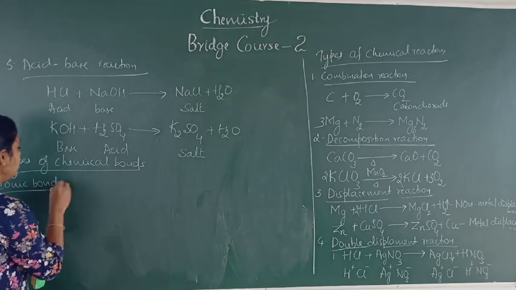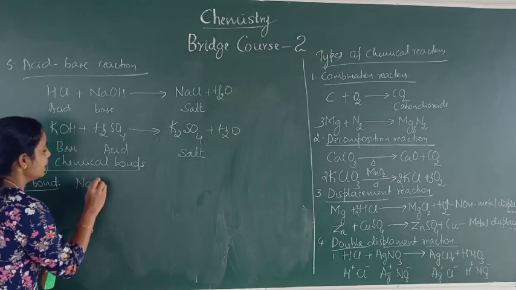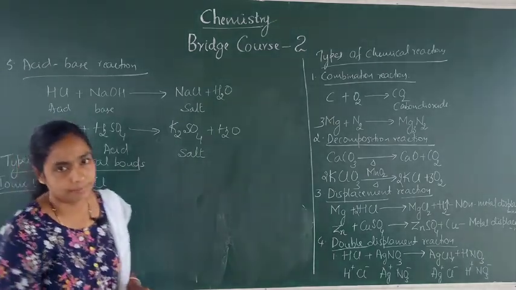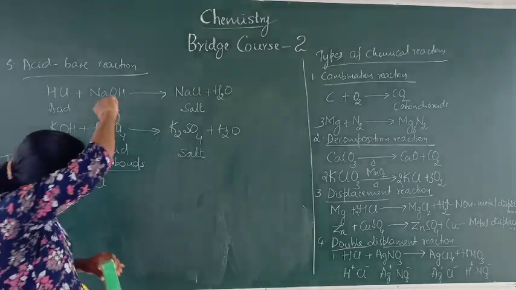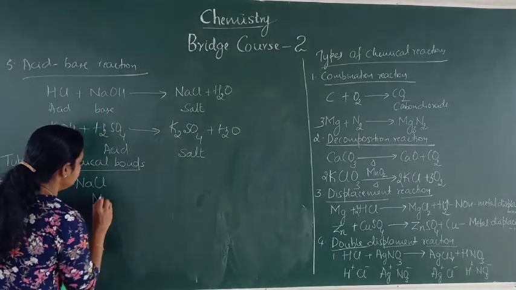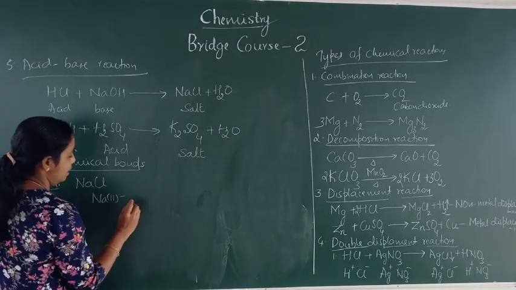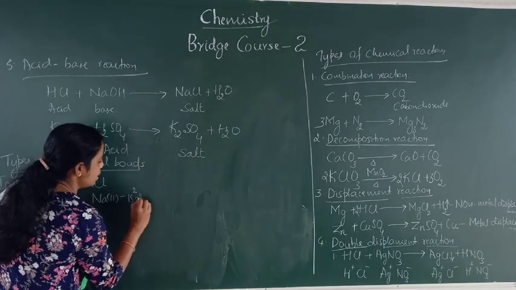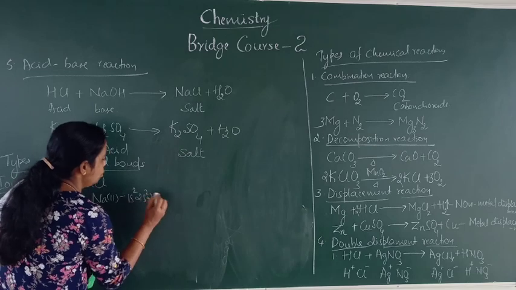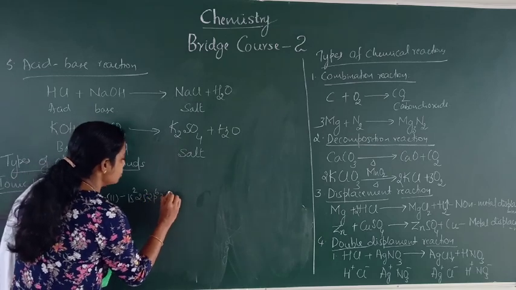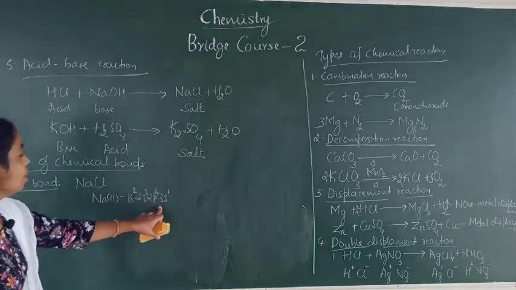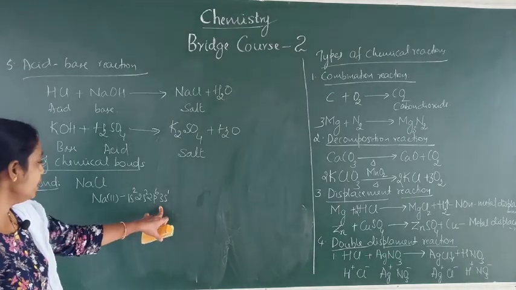Say the example for ionic compound is sodium chloride. How is sodium chloride formed? Sodium, the atomic number of sodium is 11. The electronic configuration is 1s2, 2s2, 2p6, 3s1. The valence shell of sodium contains only one electron.